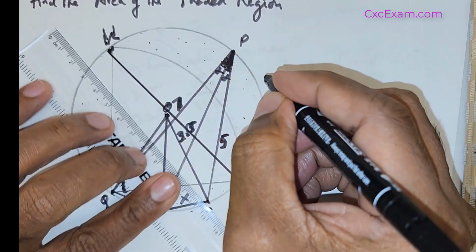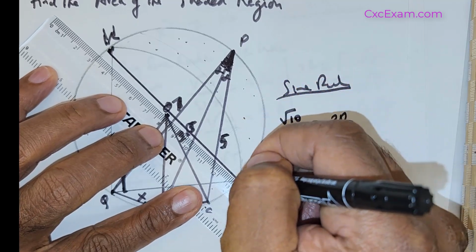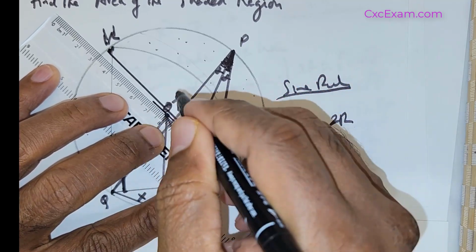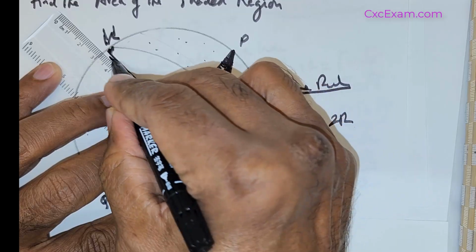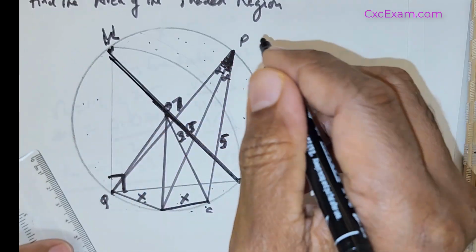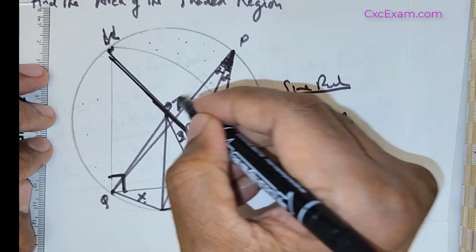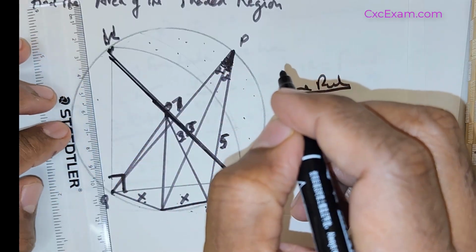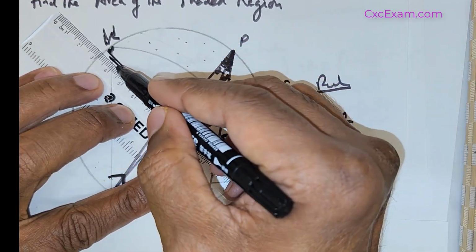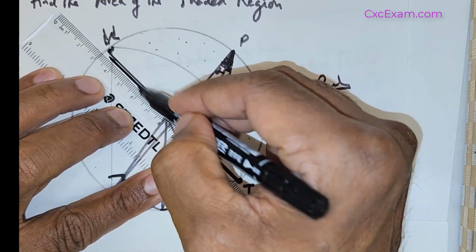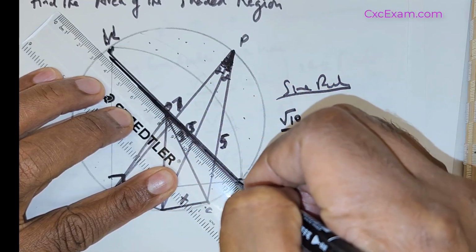So you have to connect this. Okay, it's passing through the circle, I mean passing through the center of the circle.